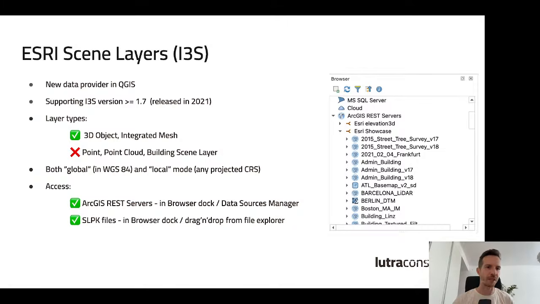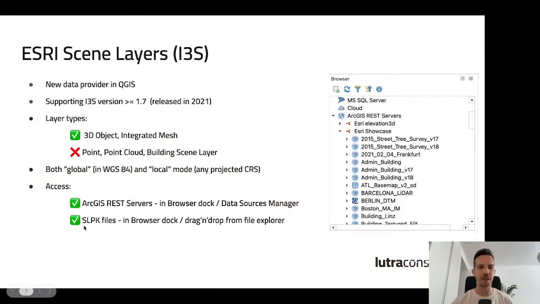There are several modes in the scene layers. We support both the global and local, so you shouldn't have any problem with that. And there are two main ways you can access the scene layers. Most of the time you can find some ArcGIS REST servers online, and those you can use either from the browser dock or from the data sources manager.